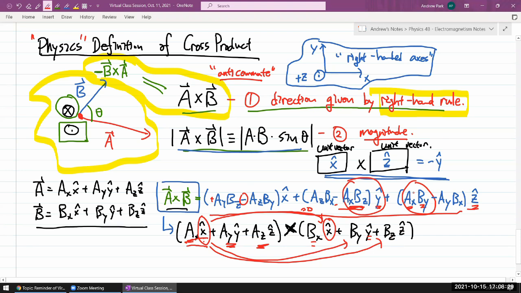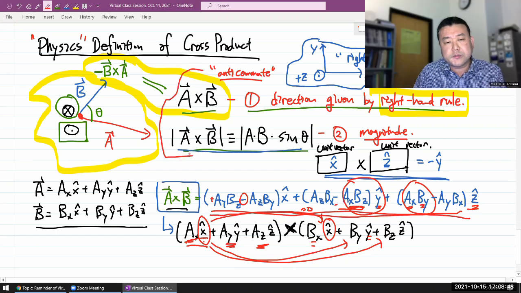Okay, maybe it's not fun. And this is quite complex. Well, not complex, complicated. And this is probably the reason I prefer the physics definition of cross product, because this connects more easily to the physical things you will see.